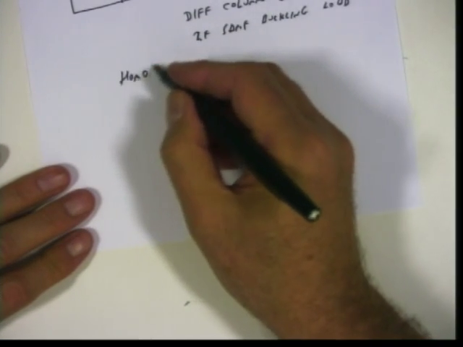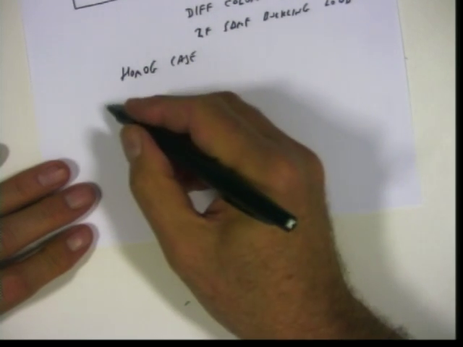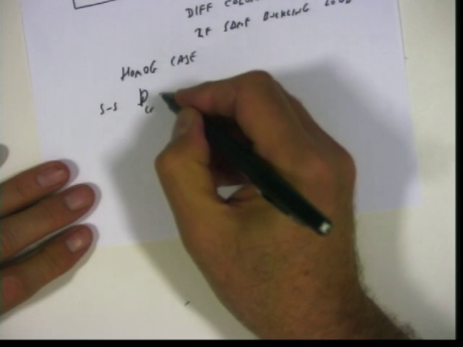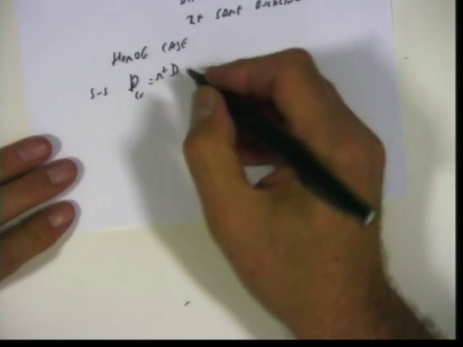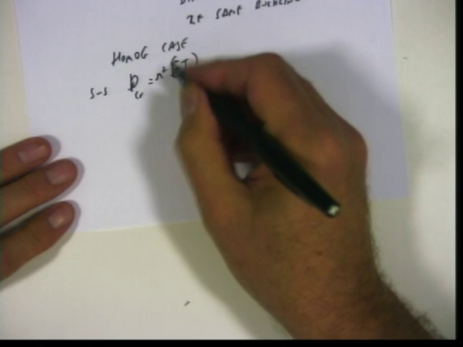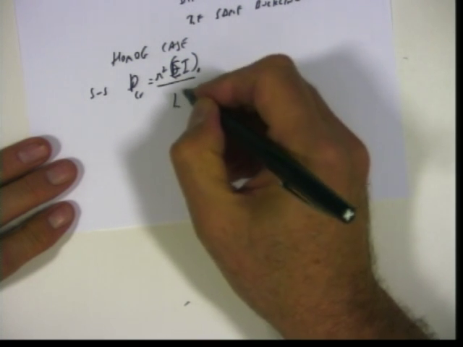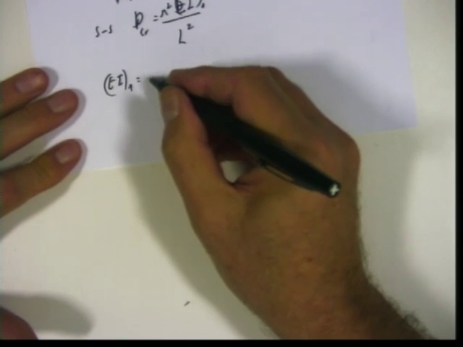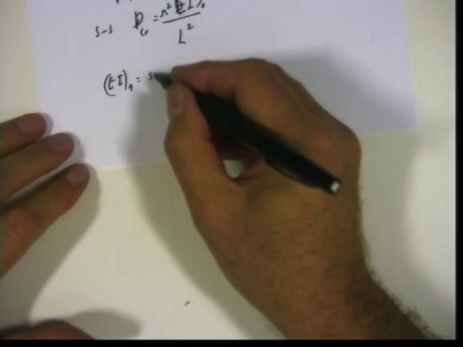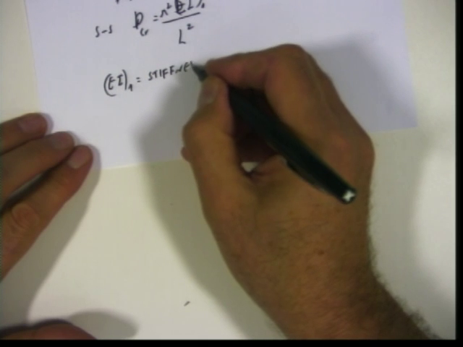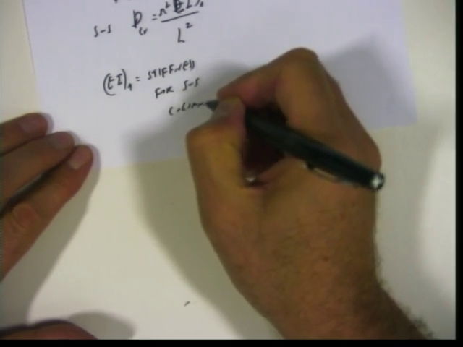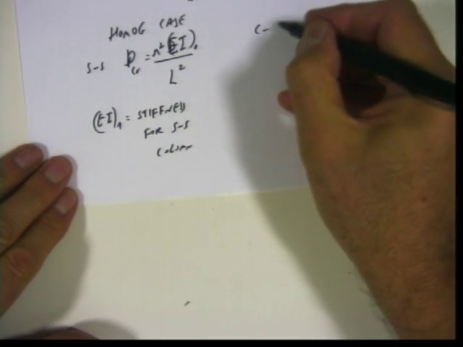So for example, the homogeneous case, say simply supported. So P critical equals pi squared EI1 over L squared, where EI1 is the stiffness for the simply supported column. Now clamped.